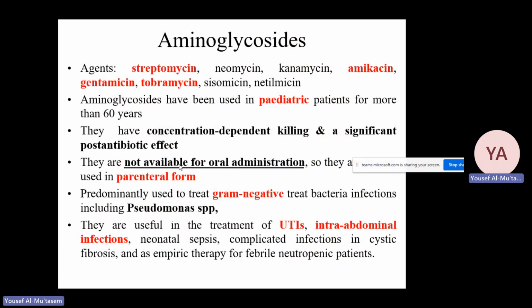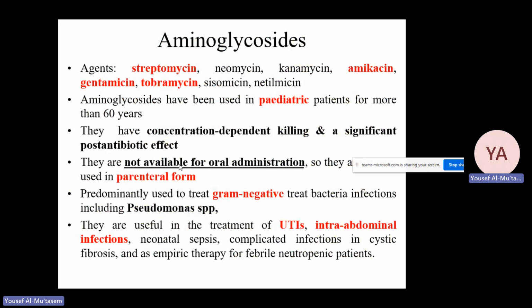not more than that. The group of aminoglycosides is an example of concentration dependent bactericidal agents, and this means that the higher the concentration in the blood, the higher the killing, and that's why different indications of aminoglycosides require different doses.